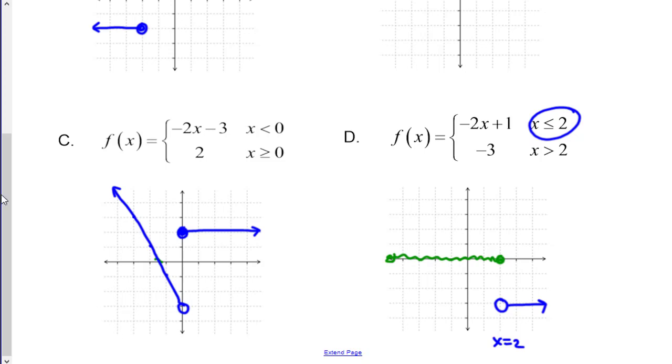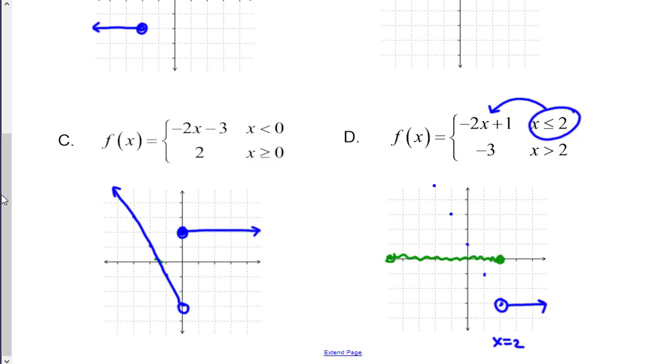And I want to draw the function -2x plus 1 on that domain. So the y-intercept is +1. If I go down 2 and over 1, there's another point. Down 2 and over 1, there's another point. Or up 2 and back 1, and up 2 and back 1.